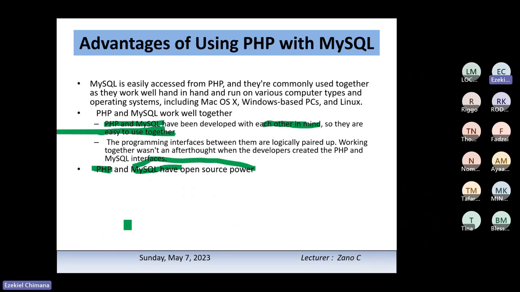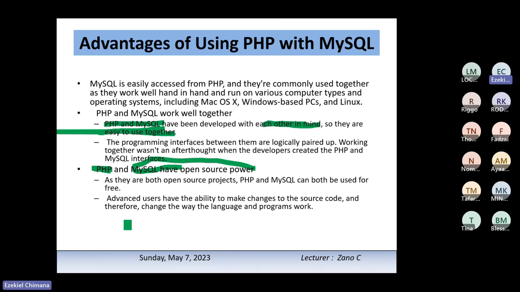Also, you can take and use it. You don't need any license. So it's open source there. You know about the advantages and disadvantages of open source projects. So they are free to use.